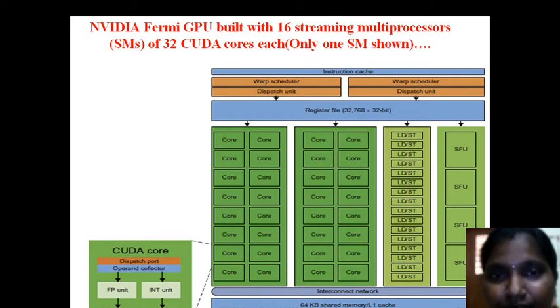Here we went through a lot of parts: floating point unit, integer unit, dispatch unit, warp scheduler, which activates the threads in terms of cores and processors, instruction cache to store your instructions, registers to store your instruction data, or I can say opcode or operand, load/store units, special functional unit.